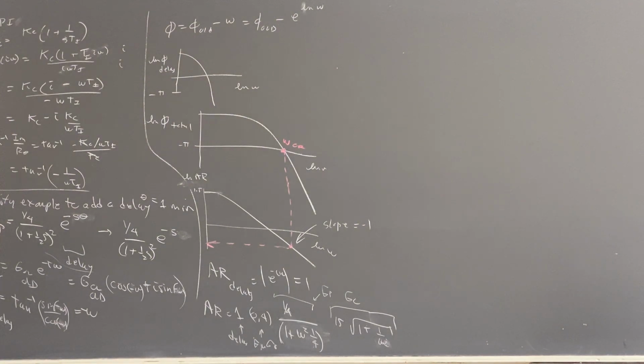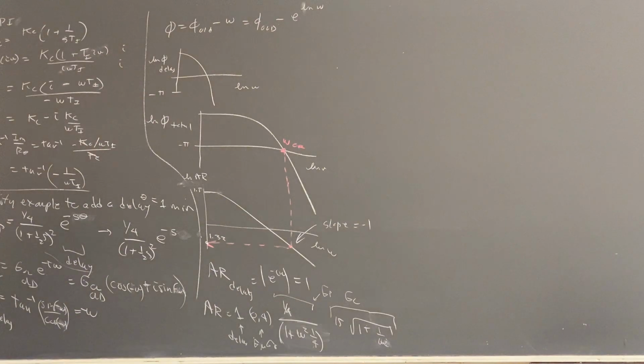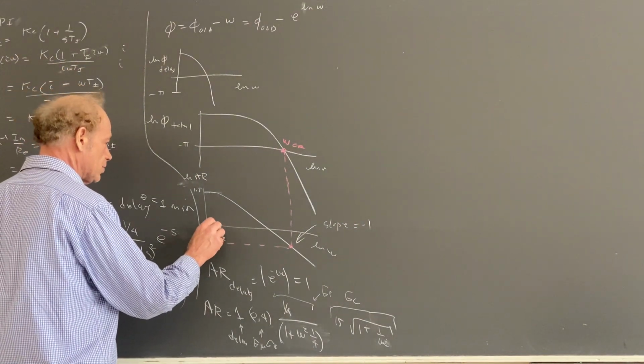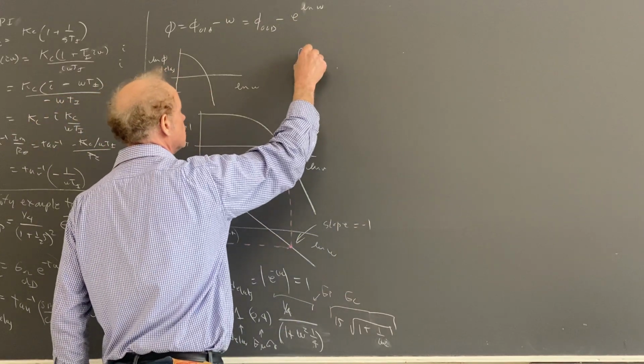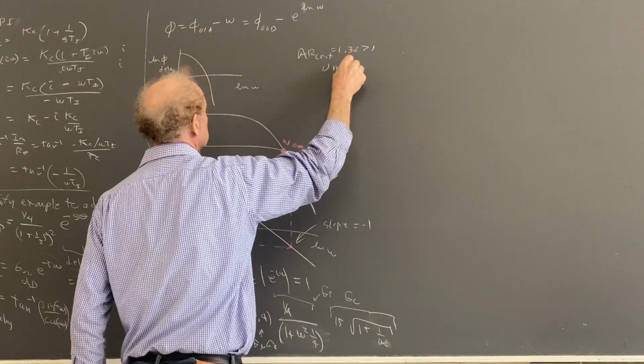I get some value, and it turns out that value is 1.32. So since this is the amplitude ratio, AR critical, and AR critical is 1.32, which is greater than 1, this is unstable.